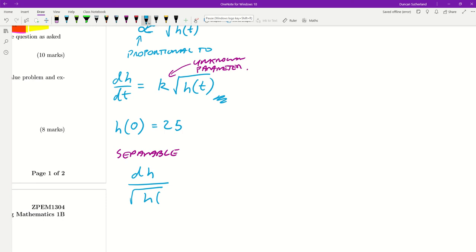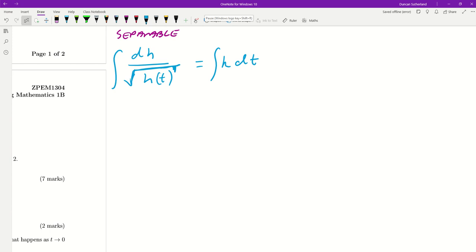That means we get all the h's on one side, h as a function of t, that's fine, right? h is the dependent variable, it's always going to be a function of t. And all the t's on the other. We don't have an explicit t, so we've just got the dt. So we've got k dt here. We integrate both sides with respect to their respective variables.